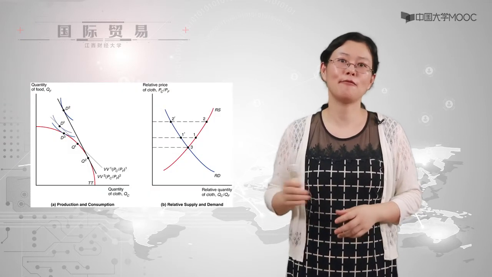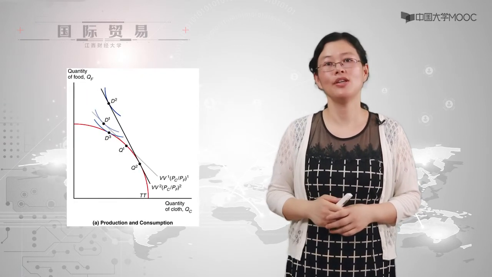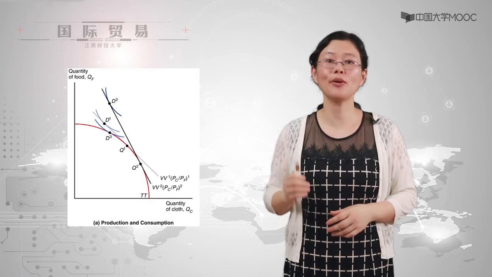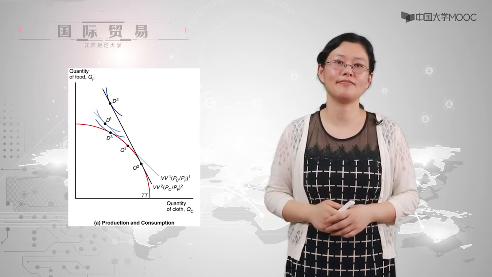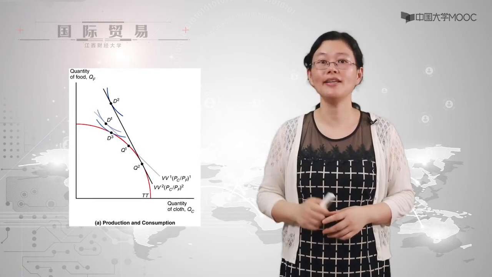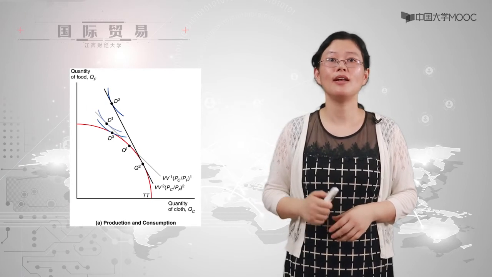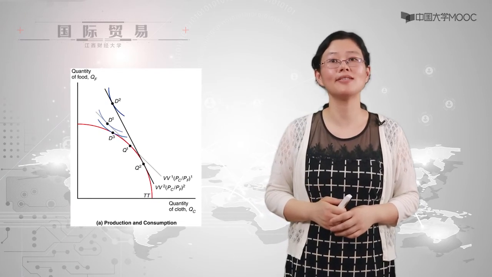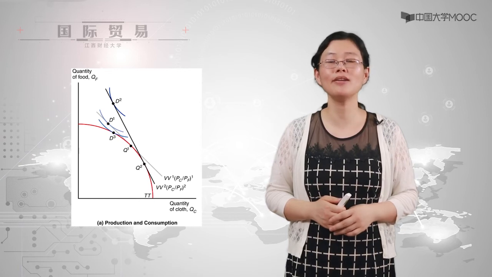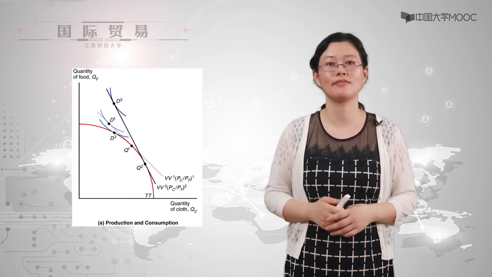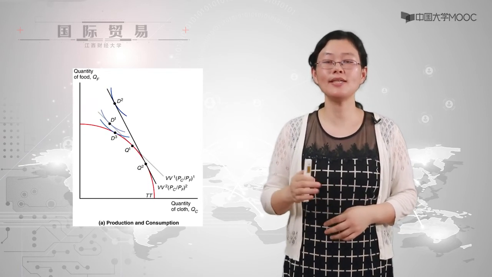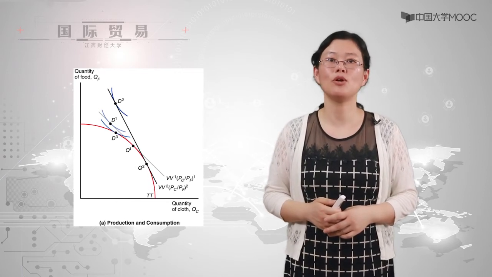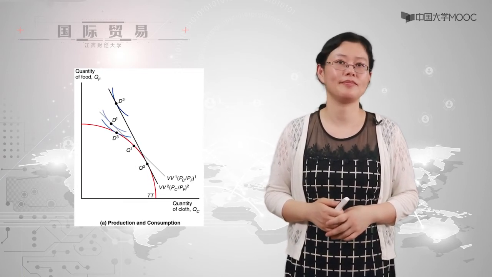Now, let's consider the relationship between the relative price and the demand. Look at figure 4. Panel A shows the effect of an increase of relative price. In panel A, as we discussed, the slope of the isovalue lines is equal to minus the relative price of crops. We use PC divided by PF to indicate it here.